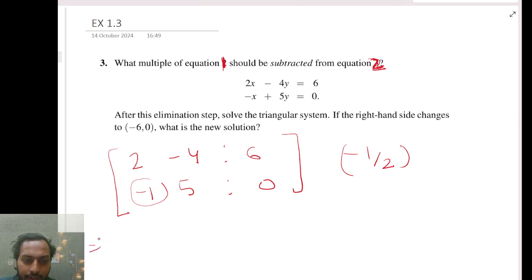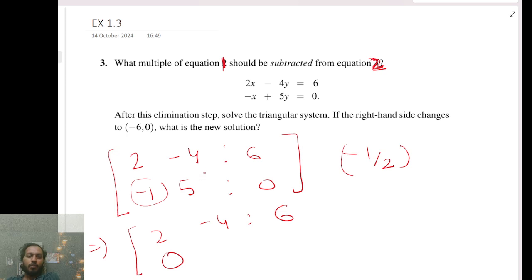Can I proceed? My first row will remain the same. Here it will become 0. I'm subtracting minus half times of this row, so minus 4 times minus 1 by 2 becomes positive 2, and subtracting positive 2 from minus 1, it will become 3 here.